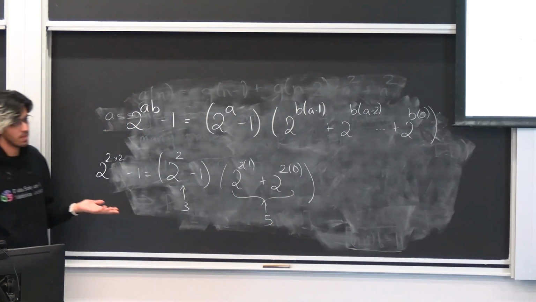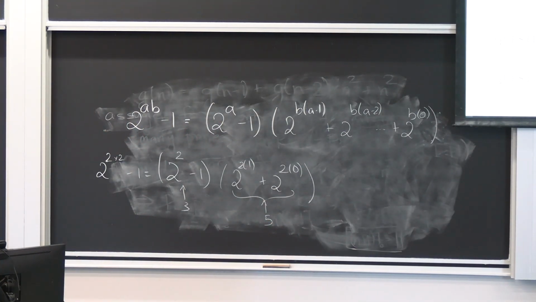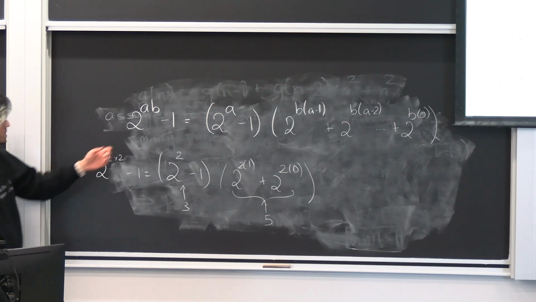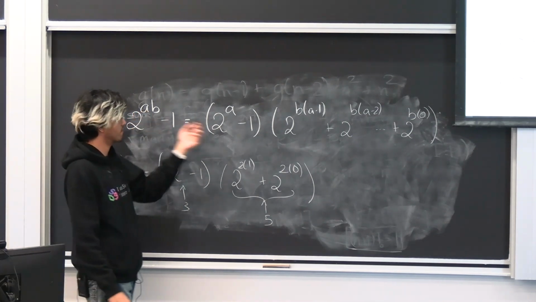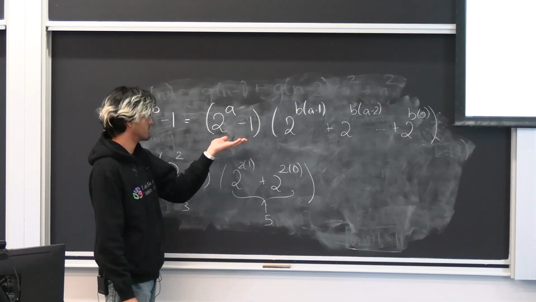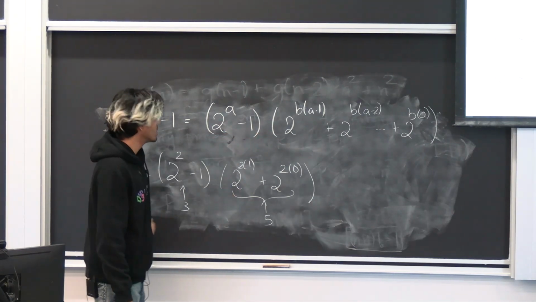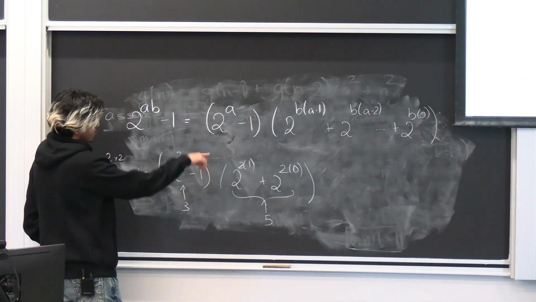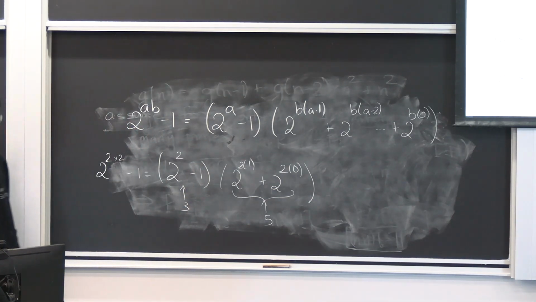But this is the argument you would make. You would make that if n can be broken down into a and b, then I can factorize it like this. You'd also have to show that none of these factors are equal to 1 or n, right? But yeah, something like this.